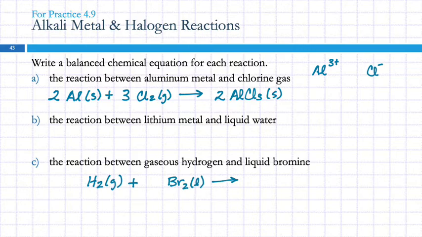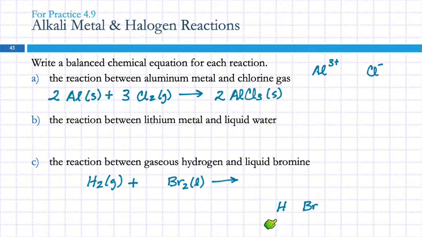Well, how do we predict what this is going to make? There's not a lot of options. It has to be hydrogen and bromine together, right? Got to be hydrogen in there and bromine in there. How many of each?